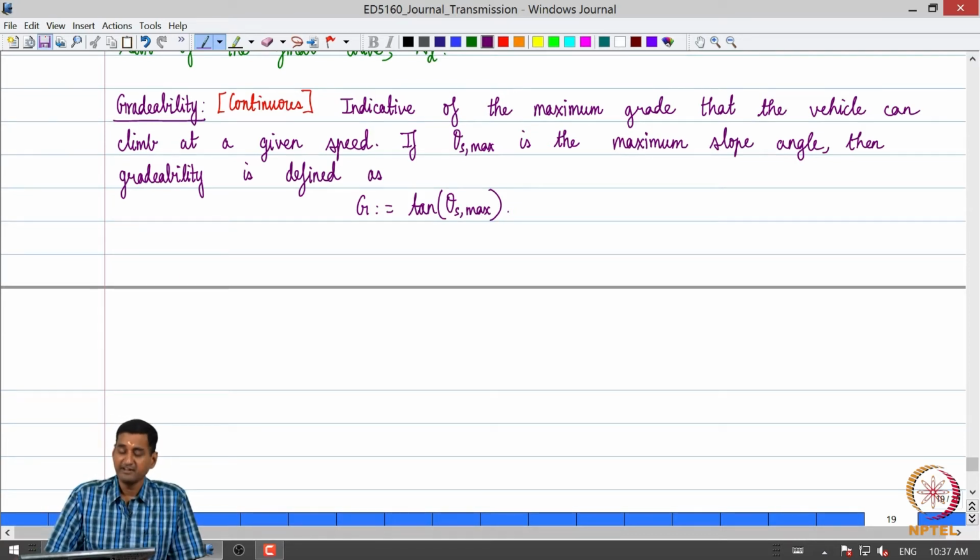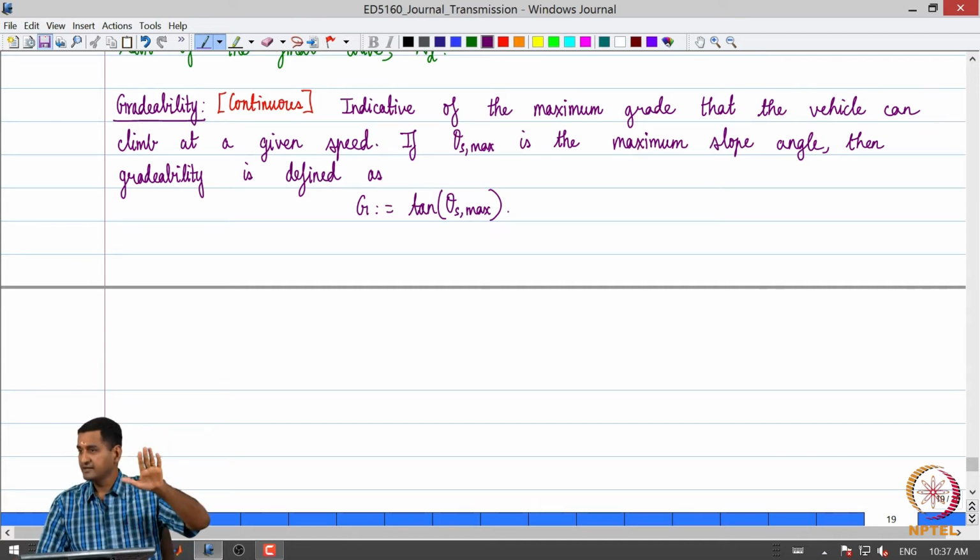Fine. So typically when a vehicle goes on a grade, we would want to look for a choice of a gear ratio such that the vehicle travels at a constant speed. If that were the case, we are looking at what is called continuous gradability.